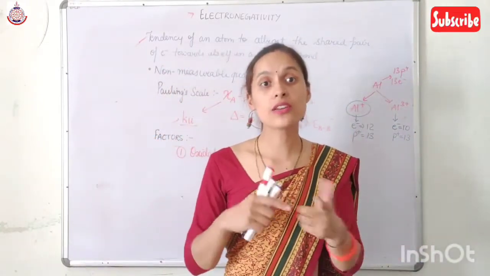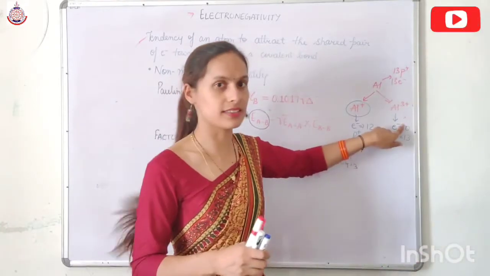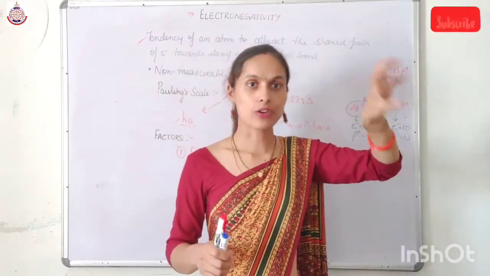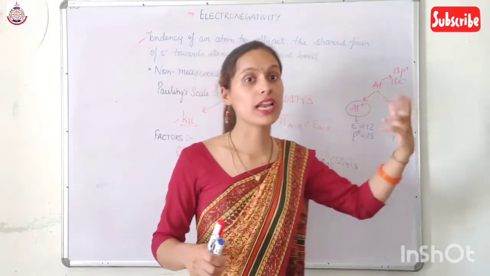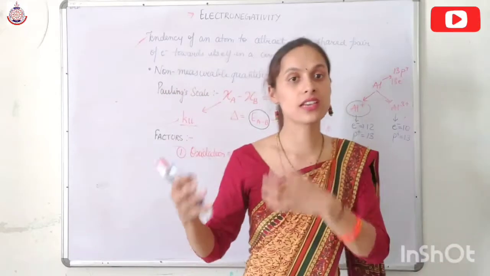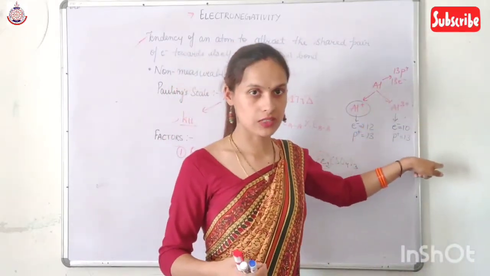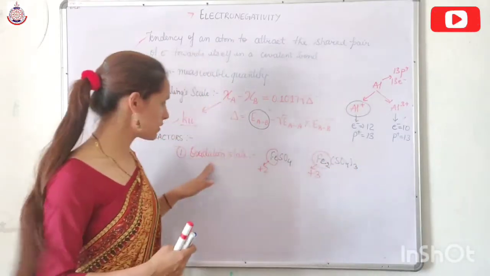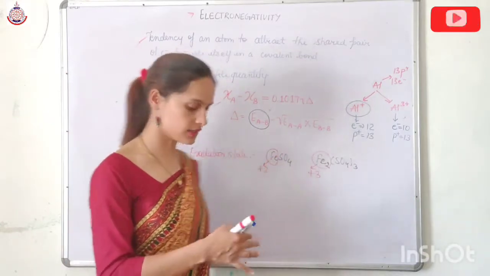So where the effective nuclear charge is stronger, the nuclear force of attraction on the outermost shell becomes strong, as a result of which it becomes more electronegative. So due to the increase in the oxidation state, electronegativity increases. This is the first factor, the oxidation state.